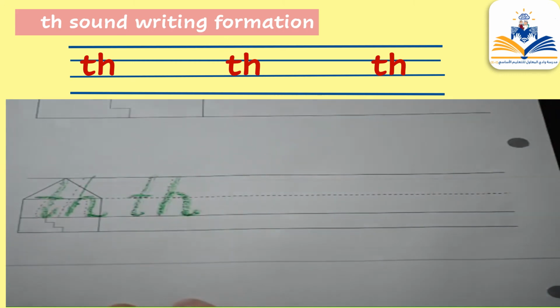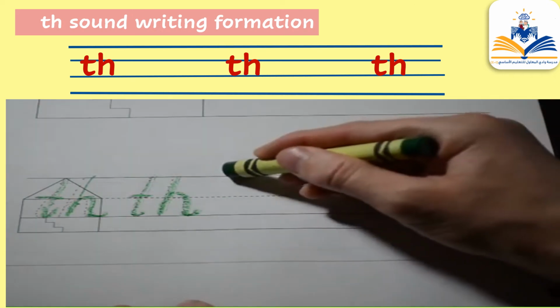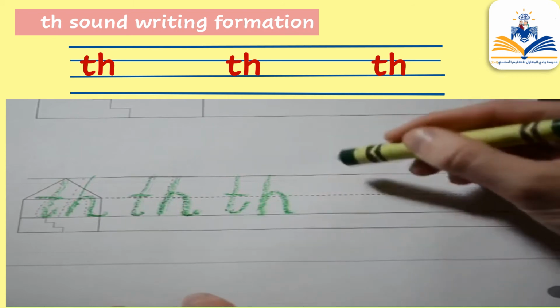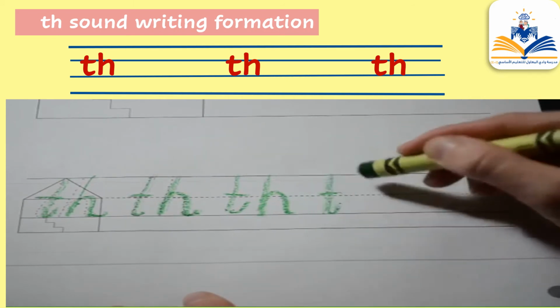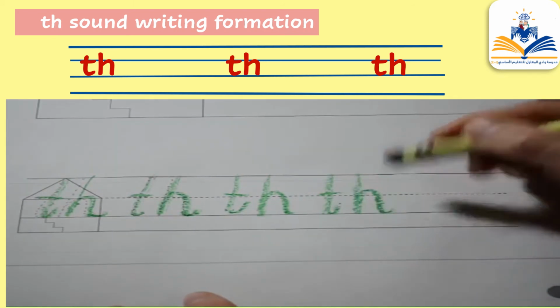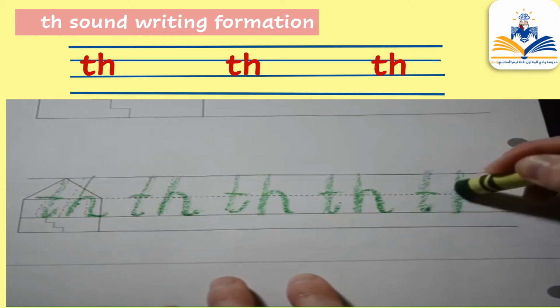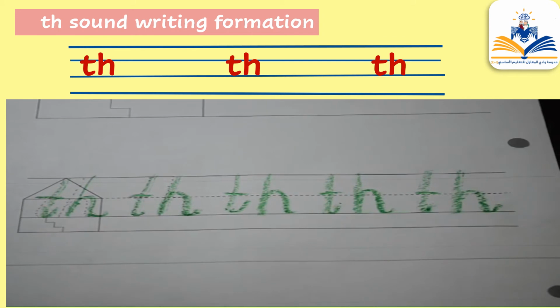Go ahead and make a few more on your own. Pick your favorite one to show me. We've just formed the letters TH, which is a digraph that says V.